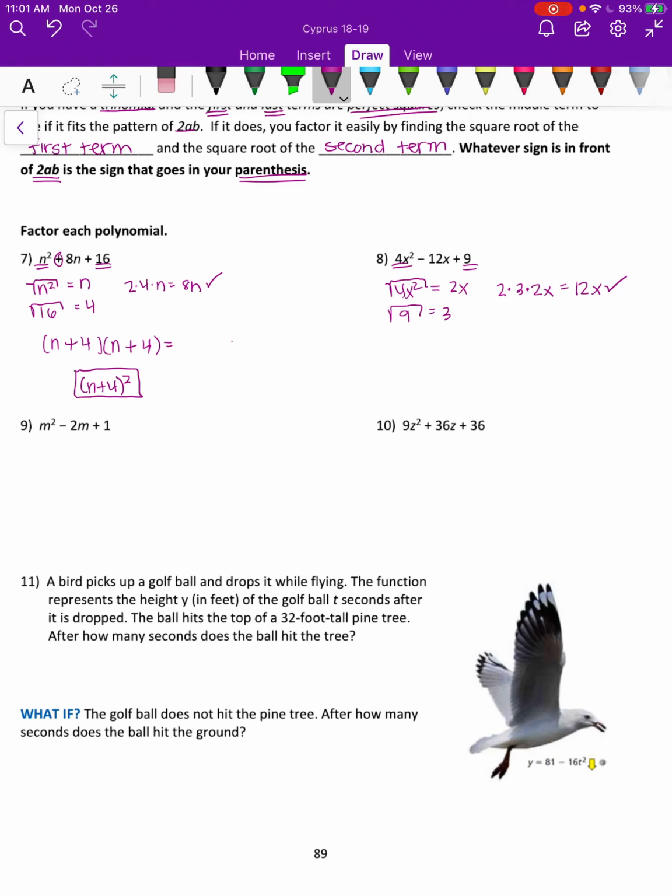That works. So now I can write my parentheses. I have 2x and 3. What sign goes in there? Well, 12x is negative. So we put minus in both of them. We could leave that as our answer, or we could write it as 2x minus 3 squared.